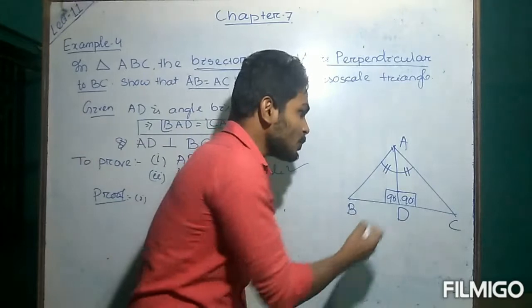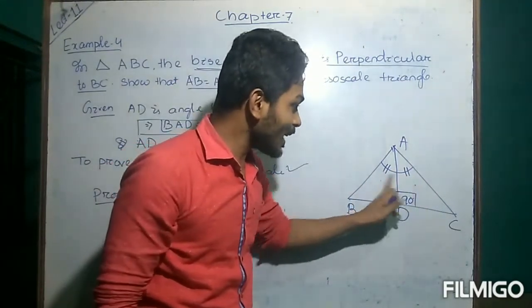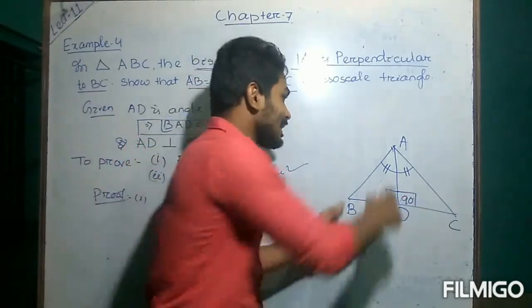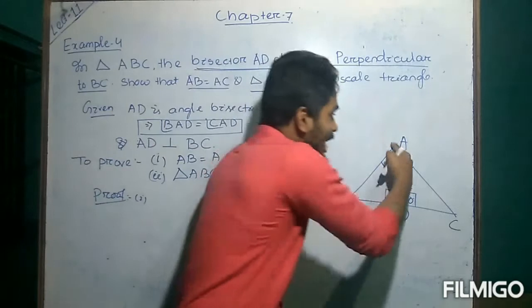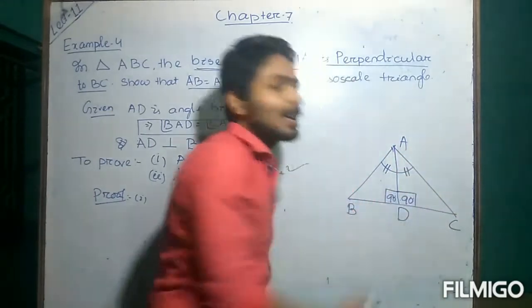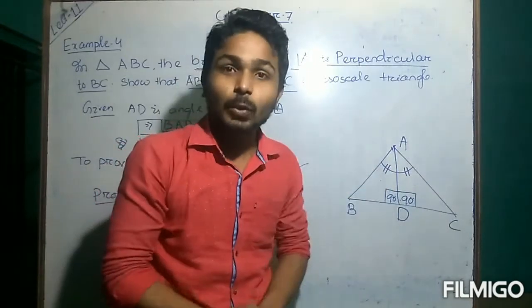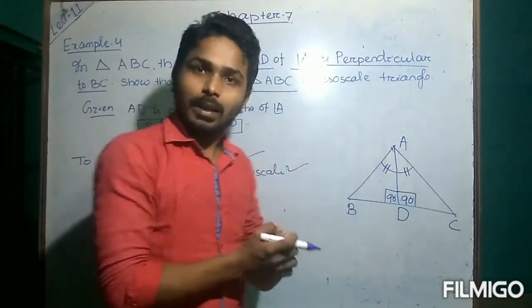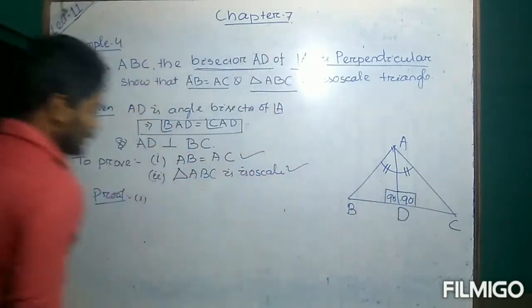So our target is to prove that this triangle is congruent to this triangle. If these two triangles are congruent, then the side AB of this triangle is equal to the side AC of this triangle. Why? Because they are corresponding parts of congruent triangles through axiom 7.2. So let us compare this small triangle with this triangle.